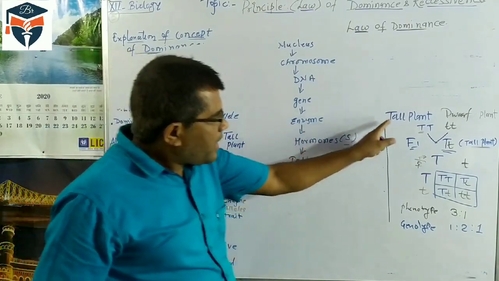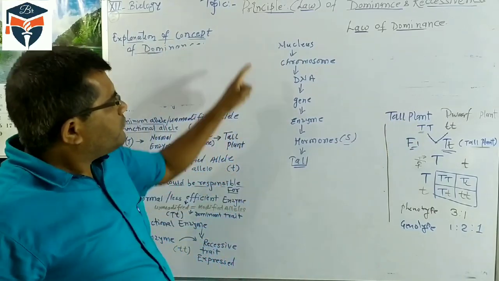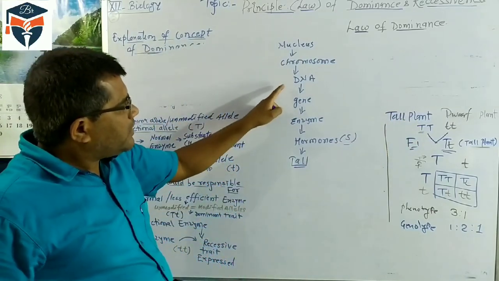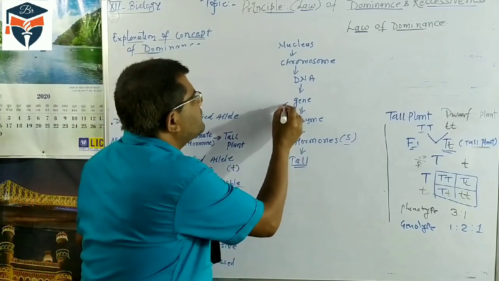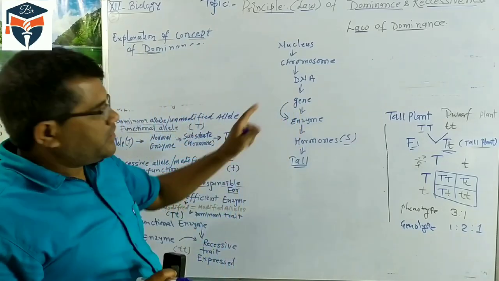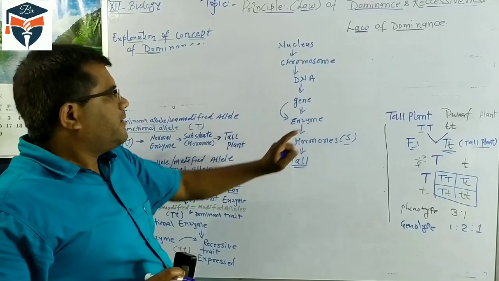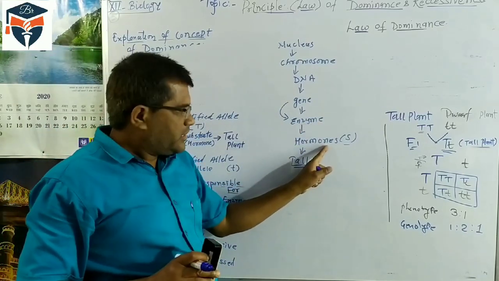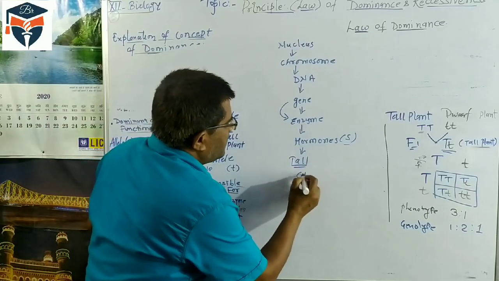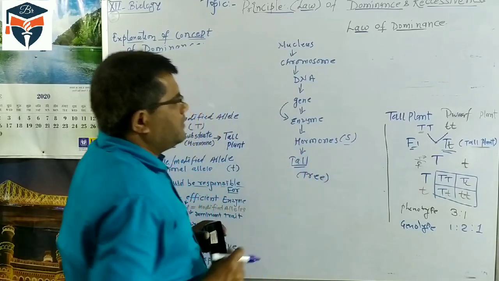So why is this plant tall? In the background there are some genes, and these genes produce an enzyme. Due to the enzyme, more hormones are secreted and that's why the plant is tall.